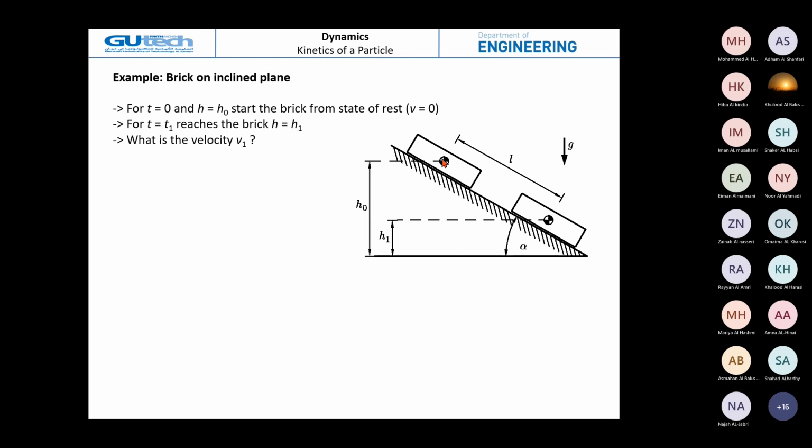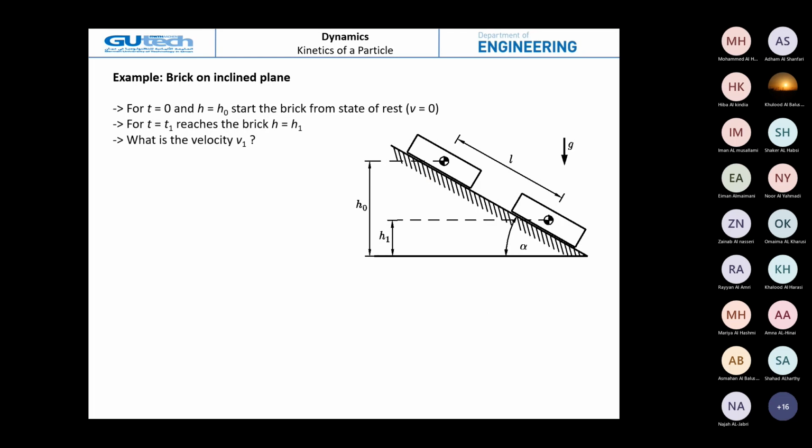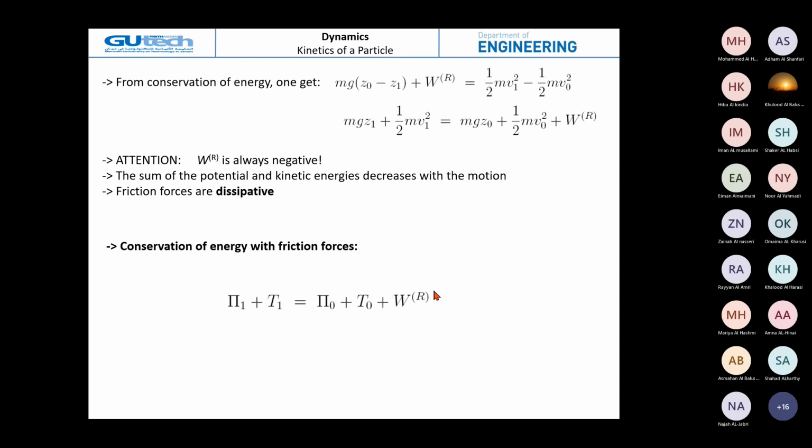At time t1, the brake reaches the height h1. The question is, what is the velocity v1? Now, if we apply the principle of energy, in this case there is no friction, for this example we neglect this term.